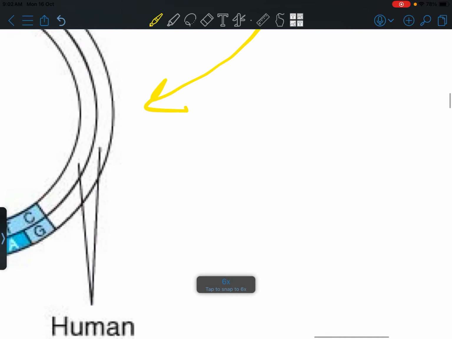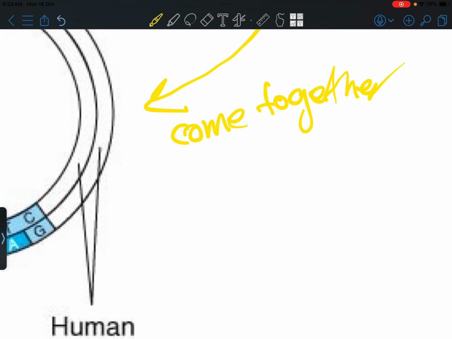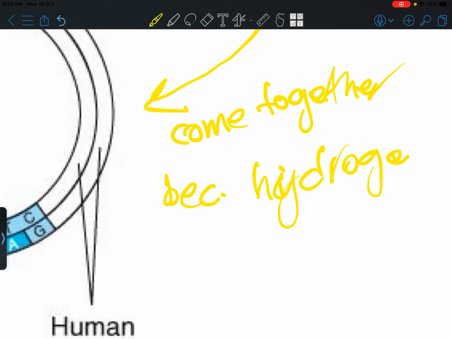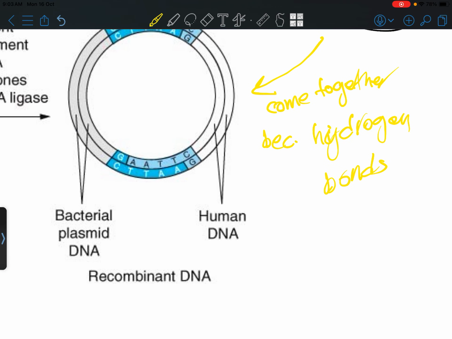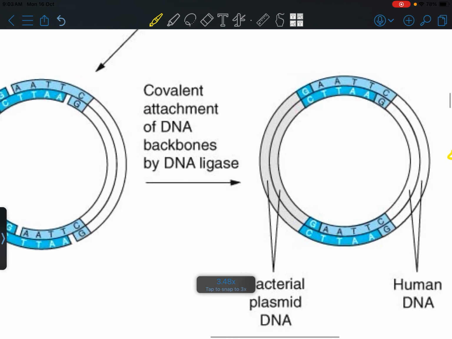But they come together because here we have what? A gap, a gap, a second gap. So we have 4 locations within this circular plasmid that are missing phosphodiester bonds. If we add the DNA ligase, what?